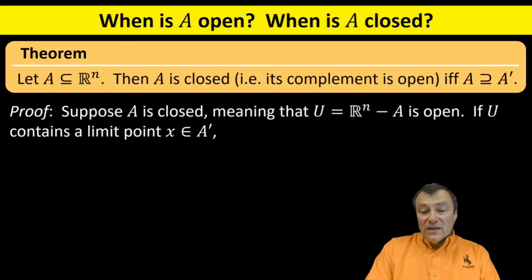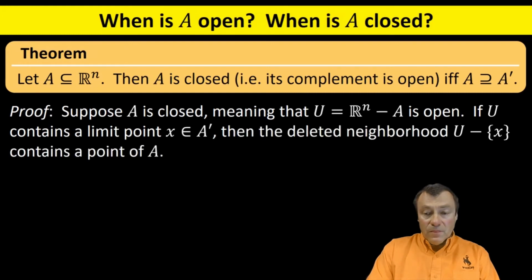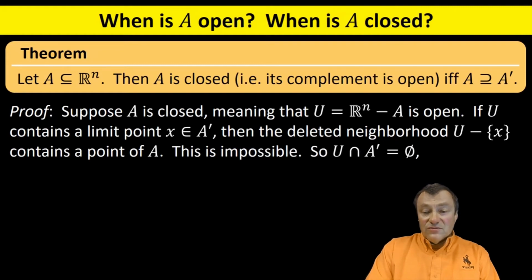If not, then there is a limit point X that lies in the complement U. In this case, since X is a limit point of A, the deleted neighborhood, U take away X, must contain a point of A. That's not possible, since U is the complement of A. So, U cannot contain any limit points of A. In other words, all limit points of A must actually lie in A. This completes the proof in the forward direction.